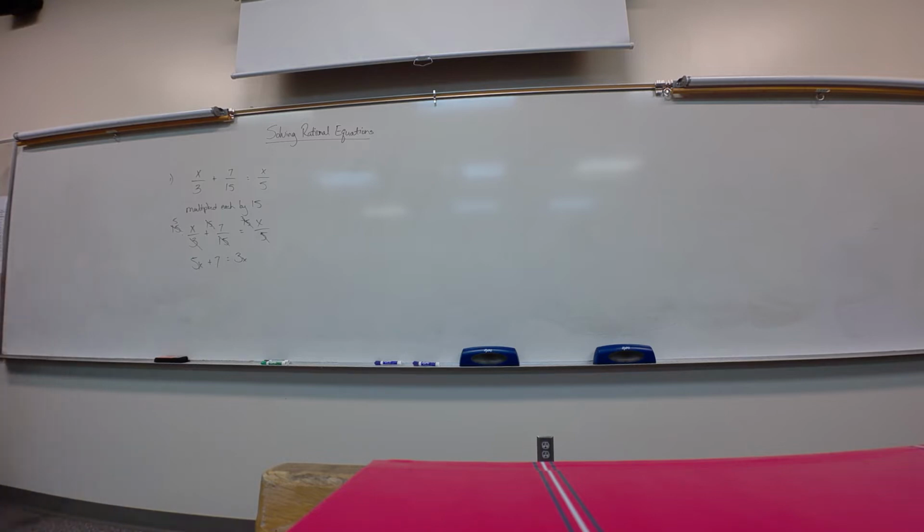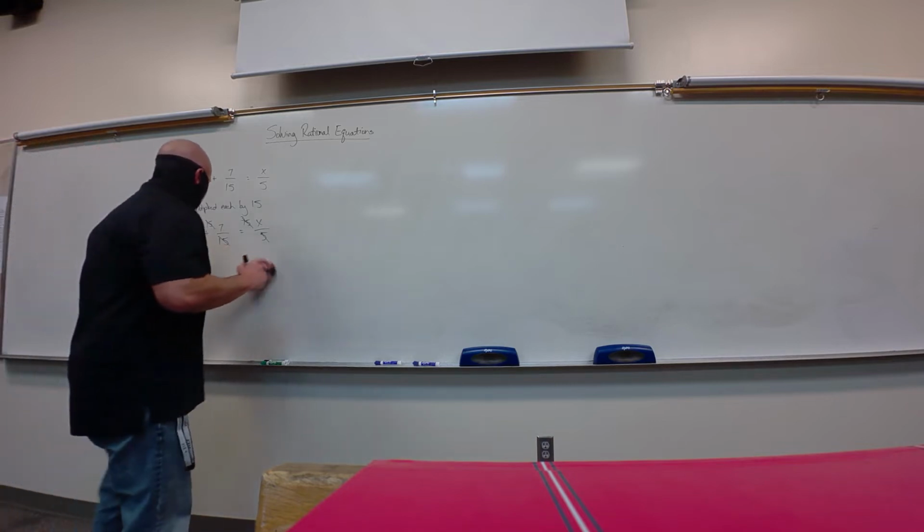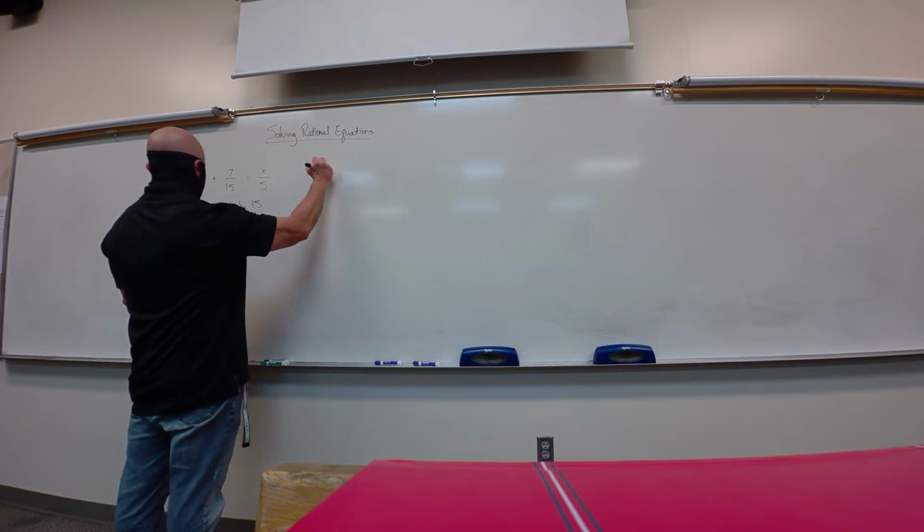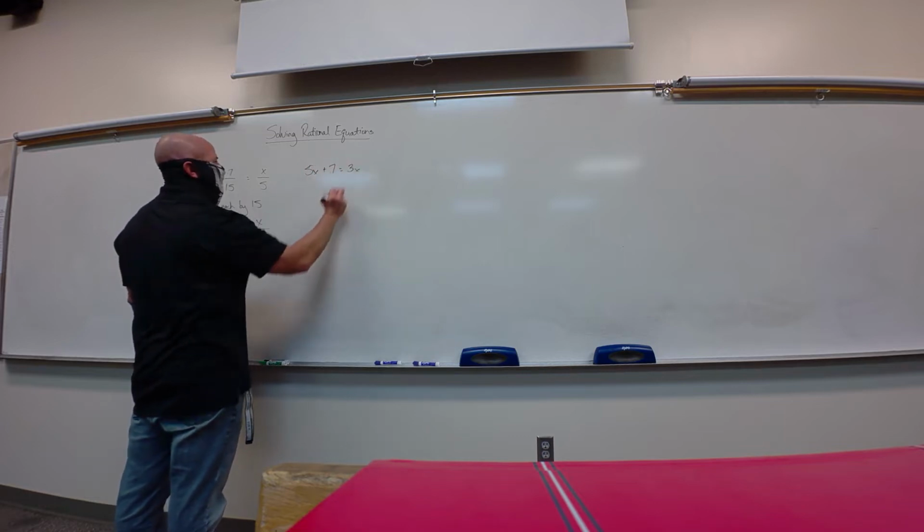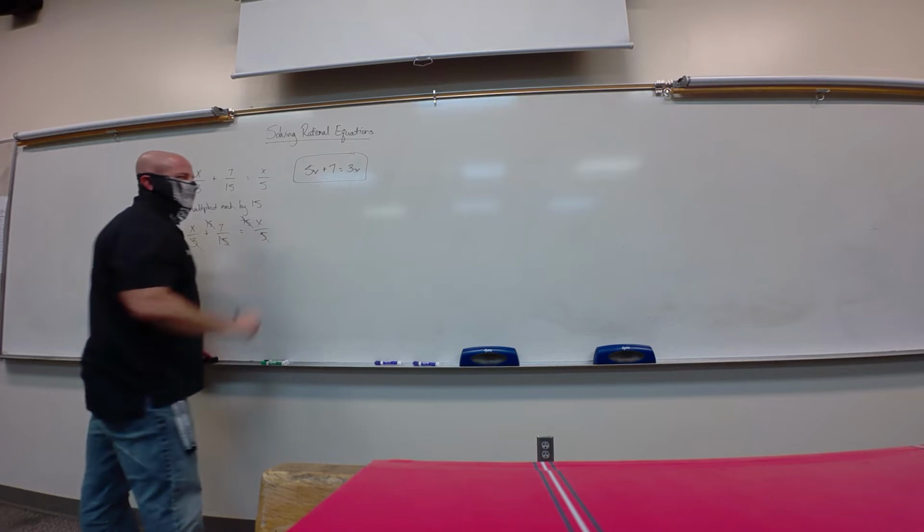The purpose was it gave us something easier to solve. That was the nice thing. So our entire goal of this, I'm just going to rewrite it up here. 5x plus 7 is 3x. This gave us something that looks a lot easier to us.